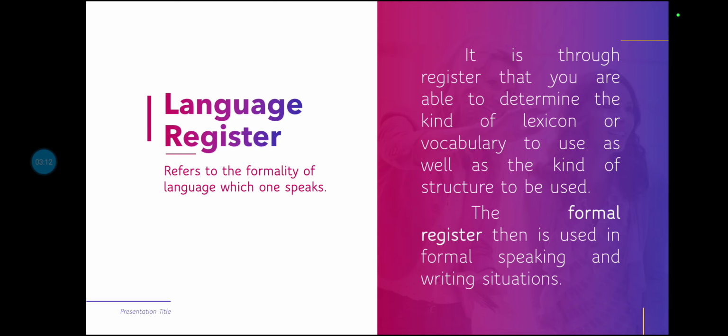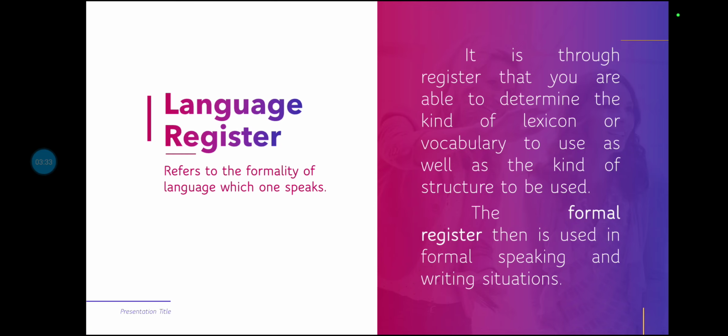We have the formal register that is used in formal speaking and writing situations. Just like what we said a while ago under field, it focuses more on the social setting, so to whom the presentation or writing will be intended.